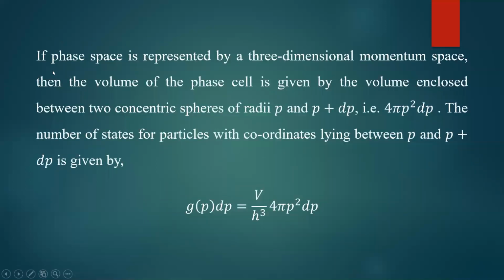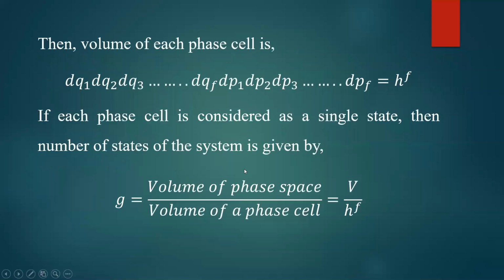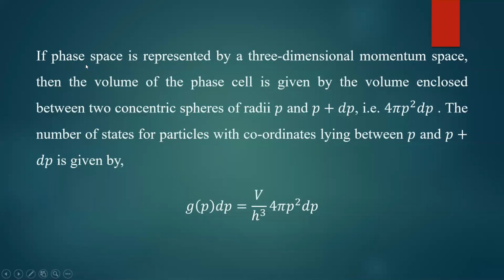Next, so that is how you can understand the density of states. Density of state is given by total volume divided by volume of the single phase cell. Then if phase space is represented in three-dimensional momentum space, okay, so all momenta are considered, no position, only momenta, then how to represent that?